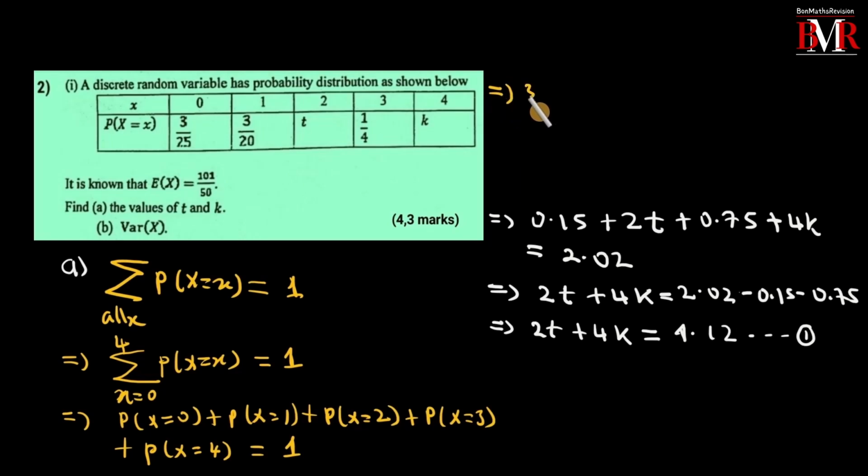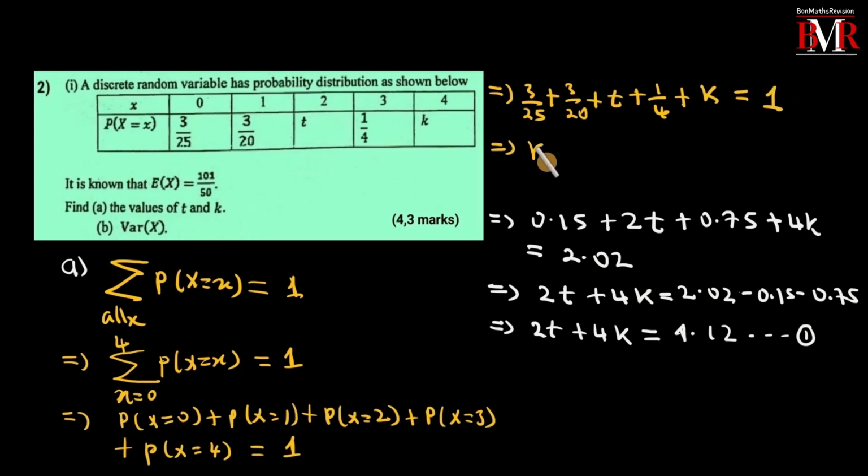That is 3 over 25 plus 3 over 20 for the probability of x equals 1, plus t, which is the probability of x equals 2, plus 1/4, which is the probability of x equals 3 from the table, plus k, the probability of x equals 4. All this equals 1.